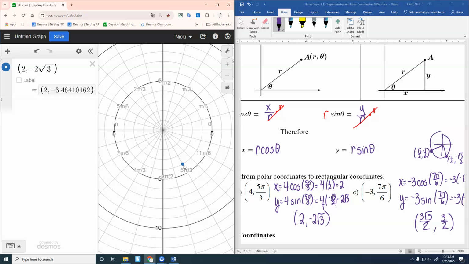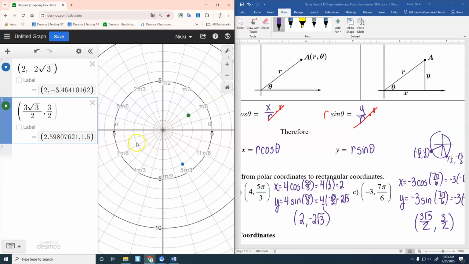You probably are not going to have the calculator on a problem like this on a test, but if you need to check yourself working through your homework, you can definitely just graph it and change your background. If I graph the other point, 3 square root of 3 over 2 and 3 halves, now this looks like it is 3 pi over 6.